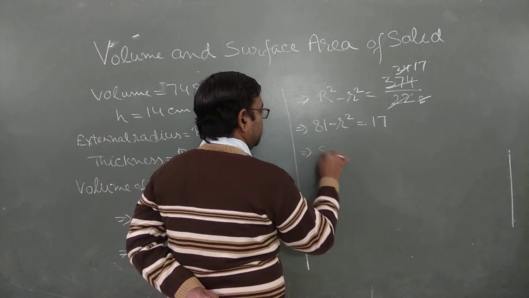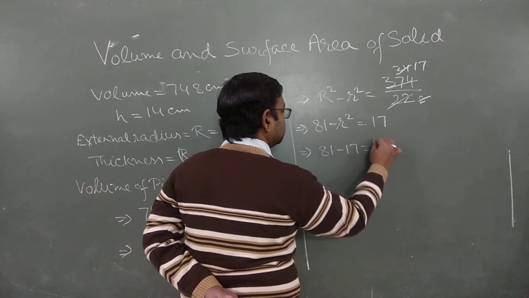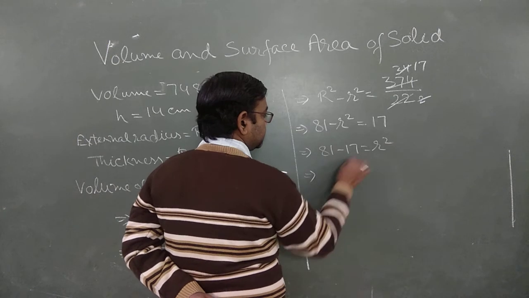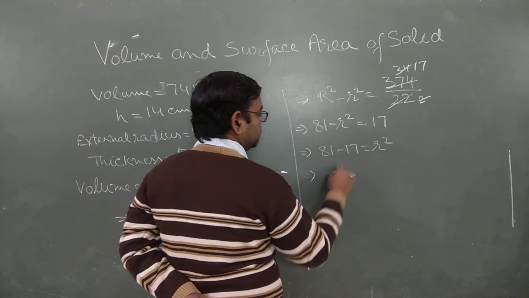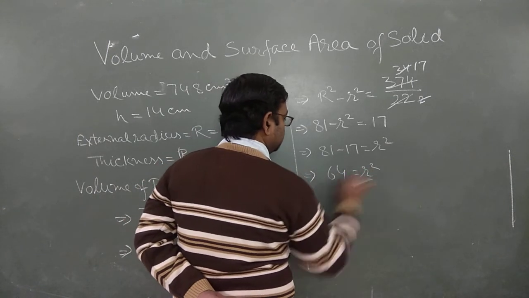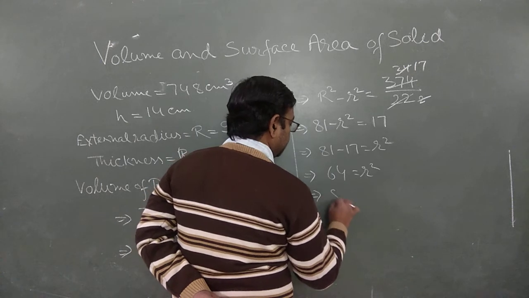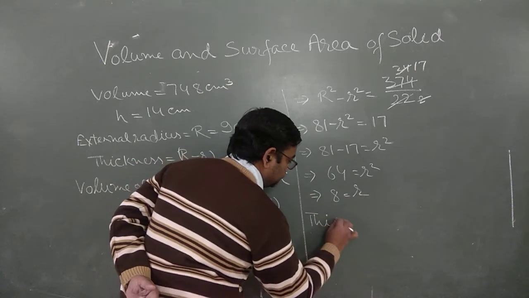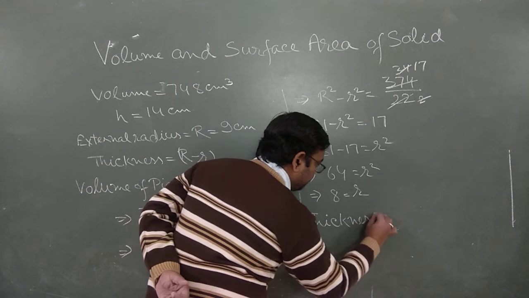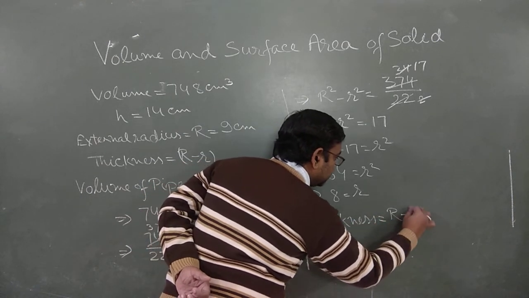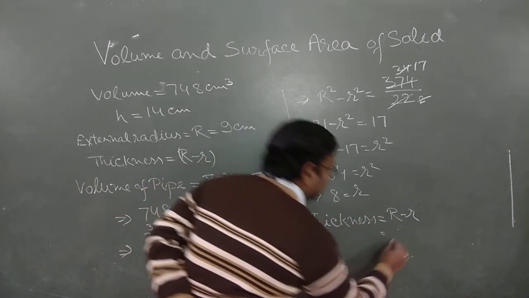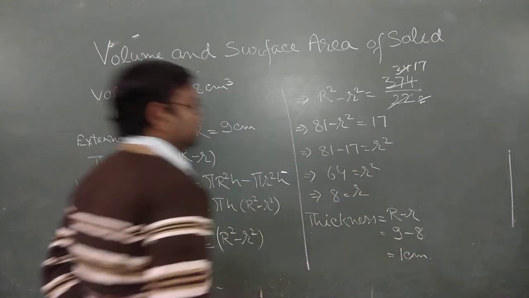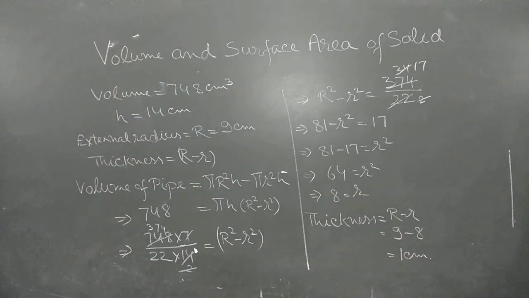So 81 minus 17 equals small r square, which is 64. So what is 8? It is r. So thickness equals capital R minus small r. Capital R is your 9, small r is 8, it's 1 centimeter. Hope this one is clear to you.